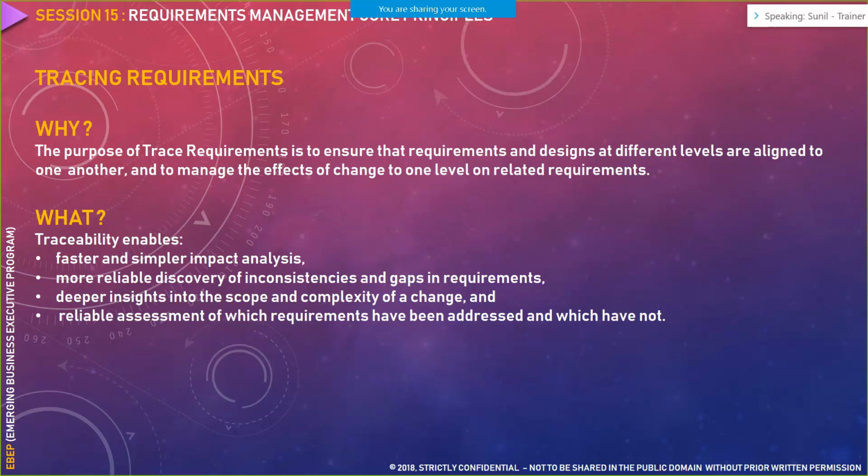This is just an example, but in real scenarios also, there could be multiple chances of inconsistencies and gaps in requirements, which tracing of requirement would solve. What you do here is join all the pieces and see if there are any missing pieces of the requirement, and if there are any, then you have to report. So through tracing of requirement, you should be easily able to identify those missing pieces.